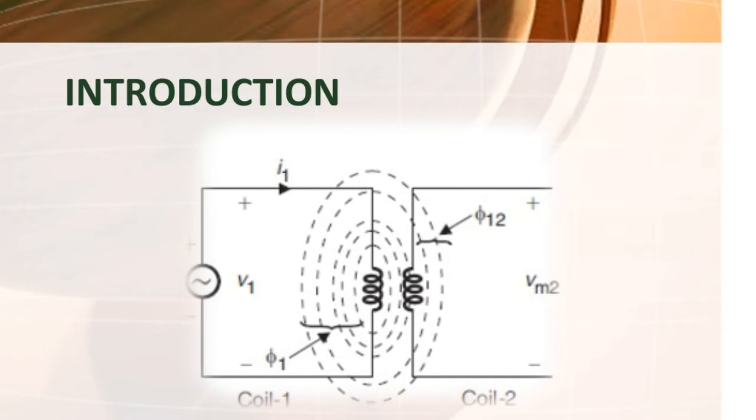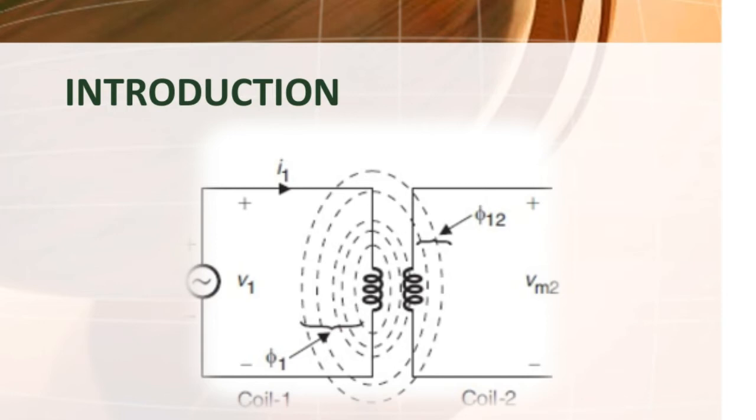Whenever current passes through a coil, flux is set up in the coil. If the current is varying, then the flux will also vary according to the current. Due to this flux, an EMF is induced in the coil, and this induced EMF in a coil is called self-induced EMF.